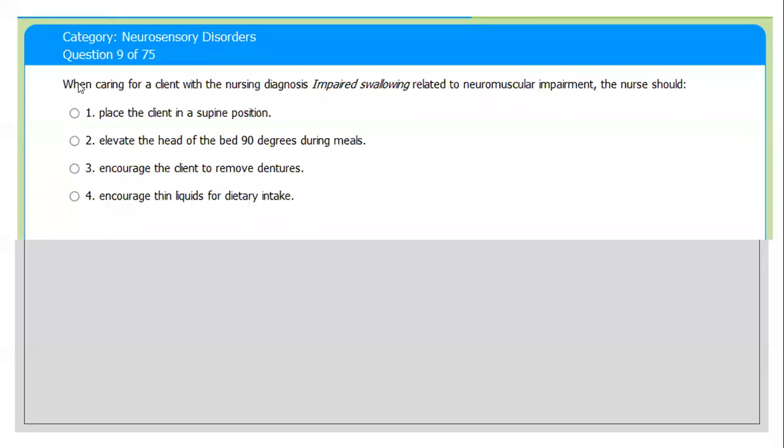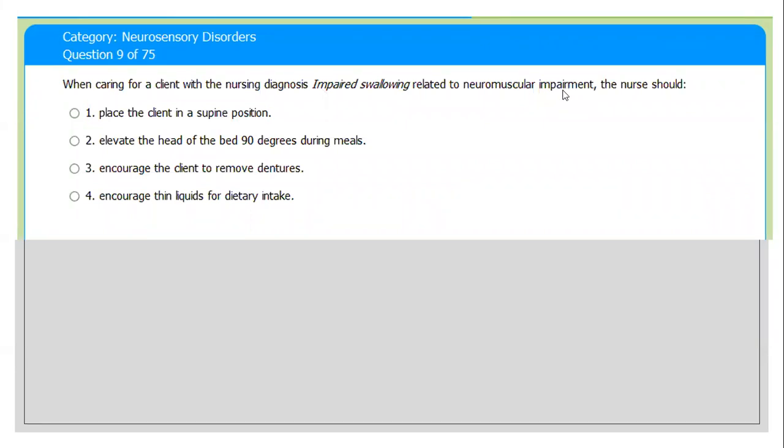Next question. When caring for a client with a nursing diagnosis, impaired swallowing related to the neuromuscular impairment, the nurse should do what? My friend, the examiner is asking about the diagnosis impaired swallowing related to neuromuscular impairment. Let me tell you something.